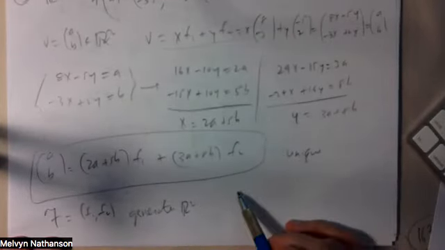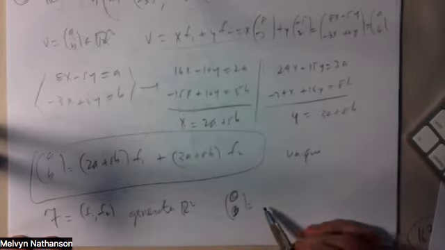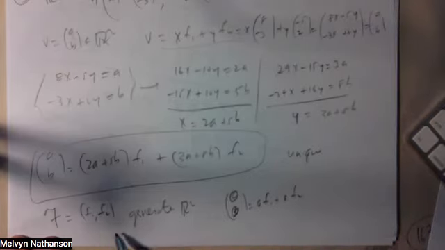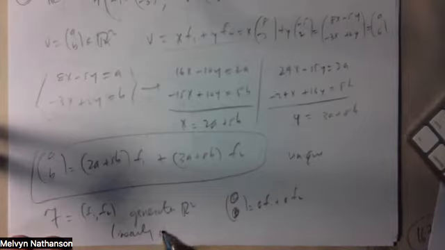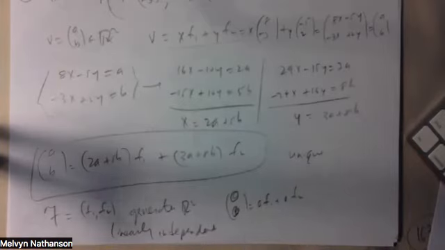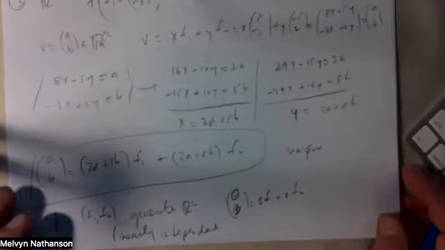Every vector in R2 is a linear combination of them. And if I want to write (0, 0) as a linear combination, if a and b are 0, the only way to do this is 0 times F1 plus 0 times F2. So the set F1 and F2 is also linearly independent. And that means it's a basis. A basis for a vector space is a linearly independent set of vectors that generates the vector space. So that's the solution to part A.